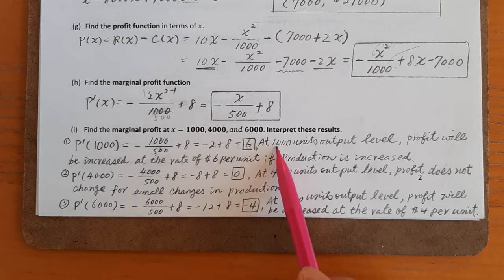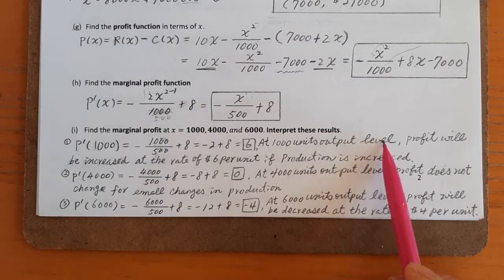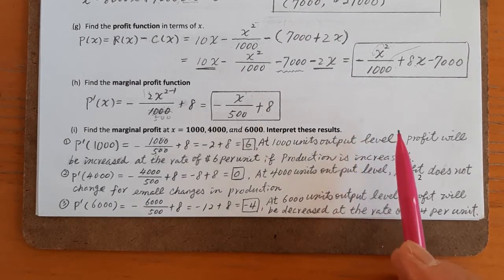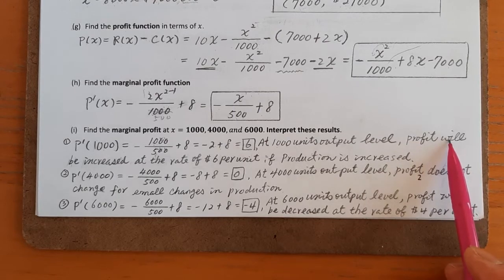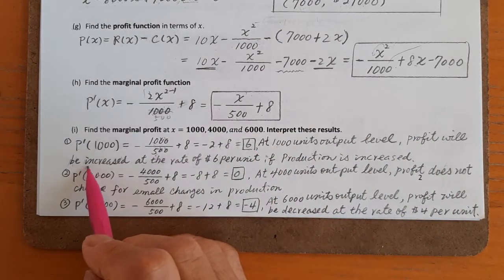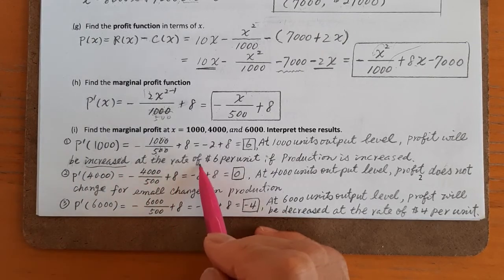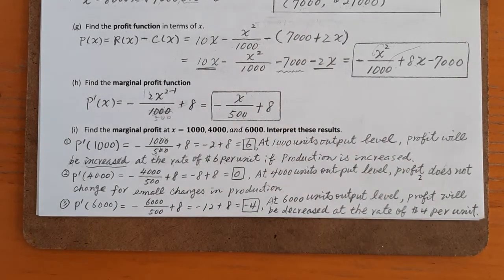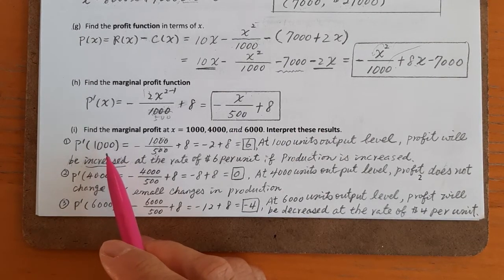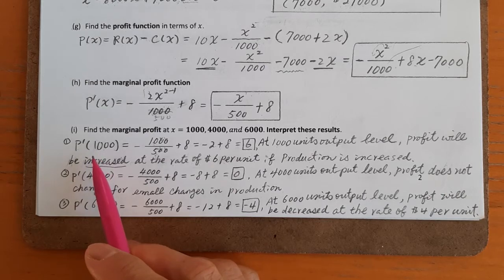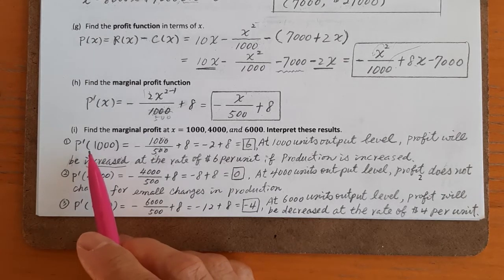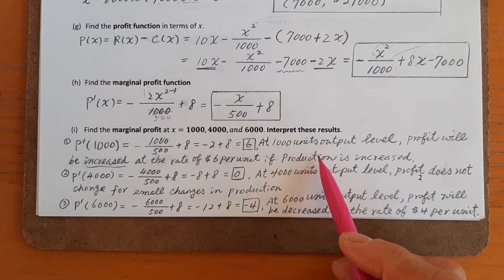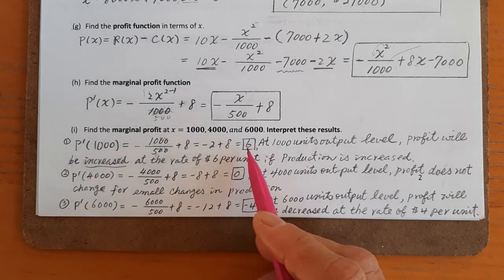It means at 1,000 units output level, the profit is increasing, because 6 is positive, at the rate of $6 per unit if production is increased. So if you produce 1 more unit or sell 1 more unit, your profit will increase by $6.